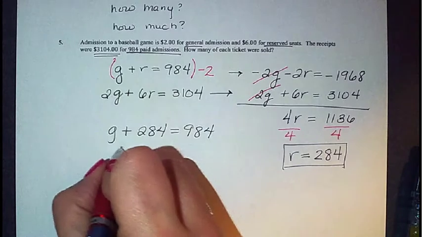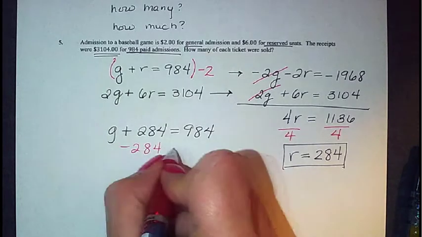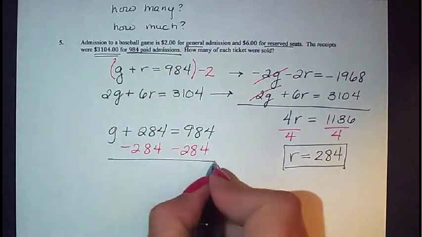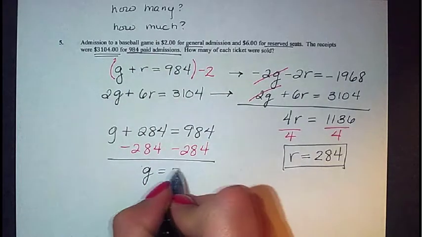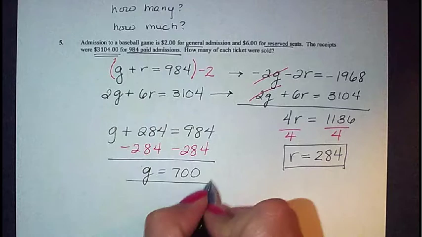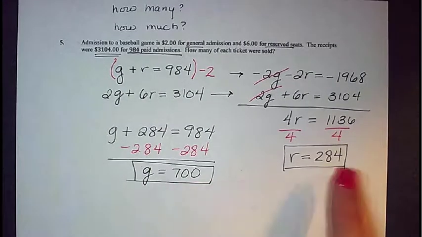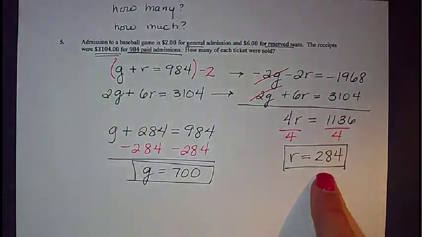So we're going to subtract that 284 from both sides. And we're going to get that G equals 700. So there's our second value. So we sold 700 general seats. We sold 284 reserve.